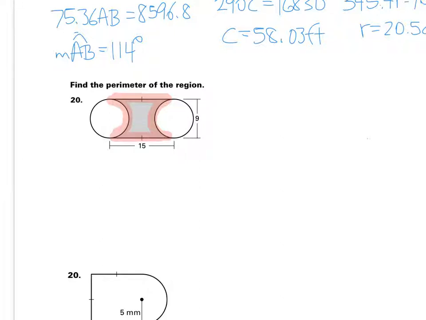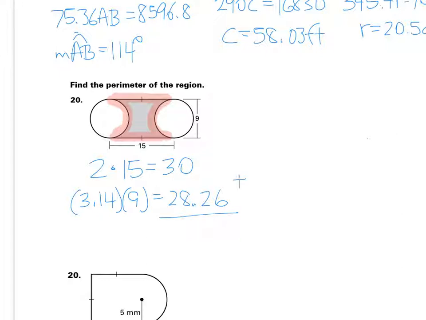So right off the bat, I know that I have 2 times 15. And I basically have a circumference with a diameter of 9. So I have pi times 9.